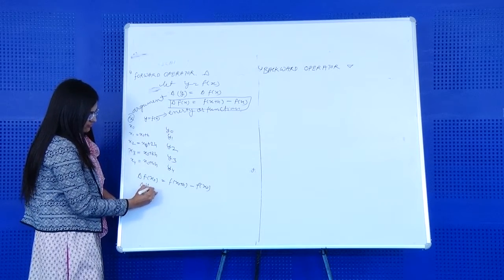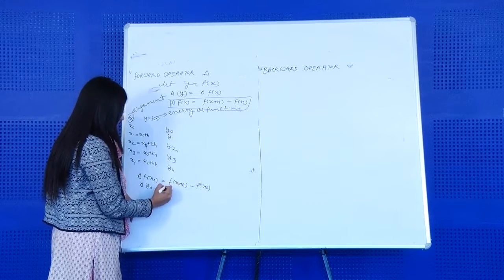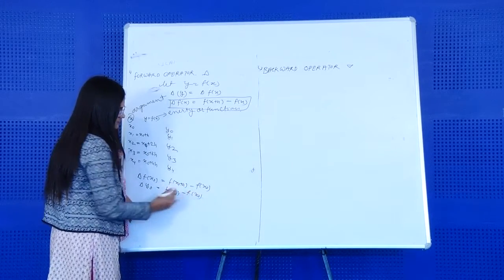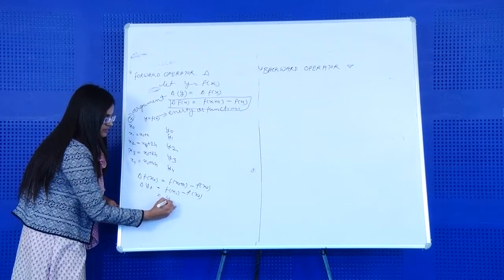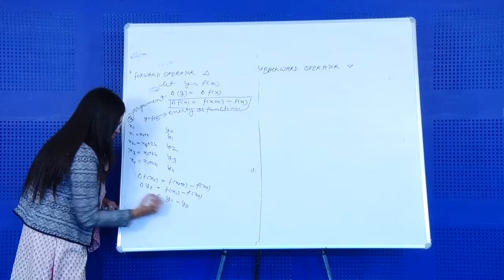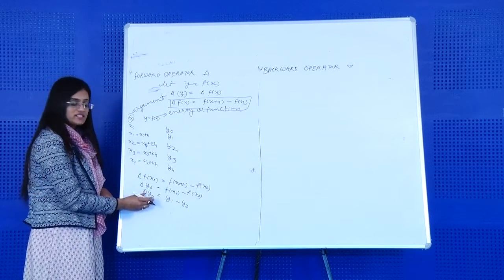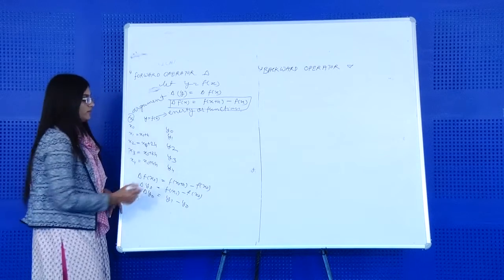So delta of y0, by the definition, with x0 plus h, means f of x1 minus f of x0. F of x1 is denoted by y1, so y1 minus y0. So what is delta of y0? Delta of y0 is the difference y1 minus y0.